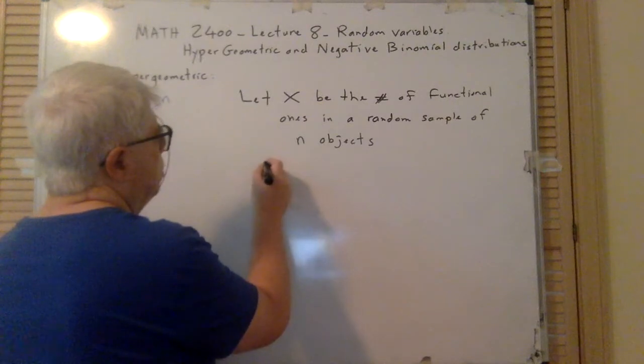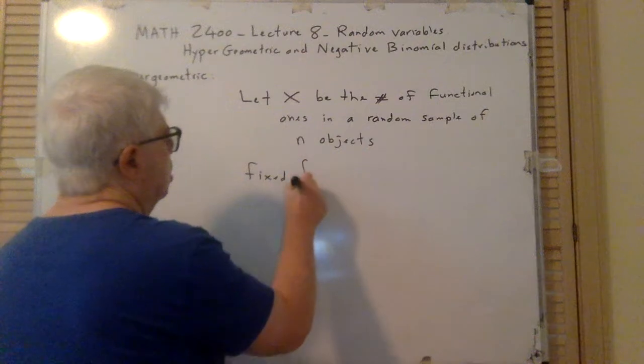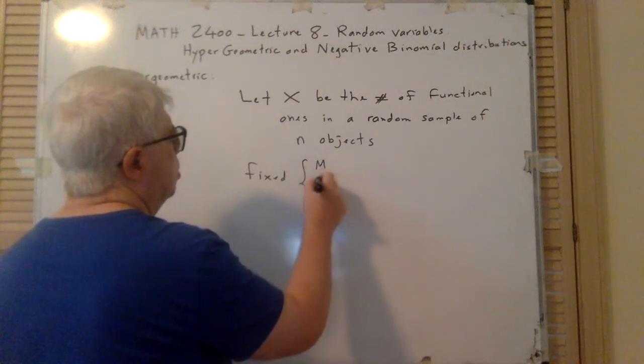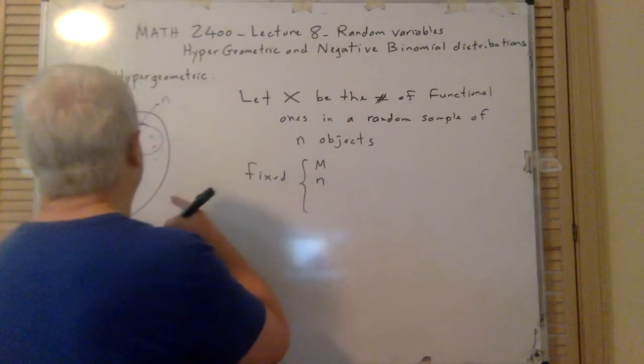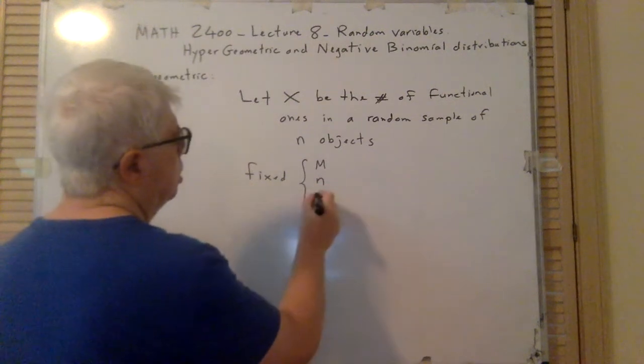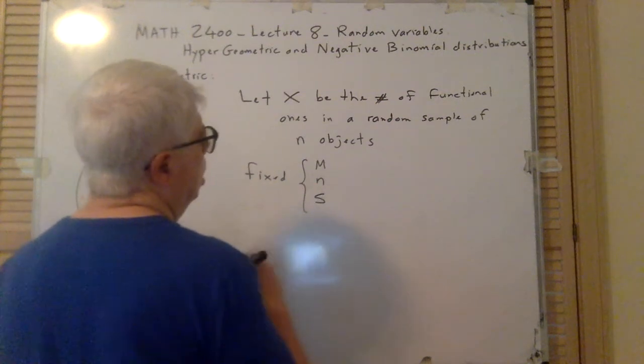Now let's see what we have here. First of all, these are fixed: m and n, and definitely s.